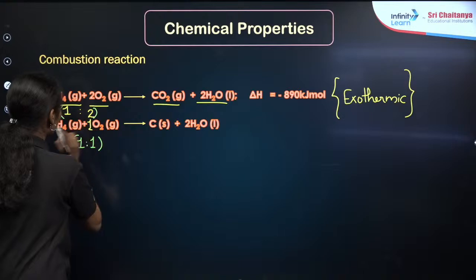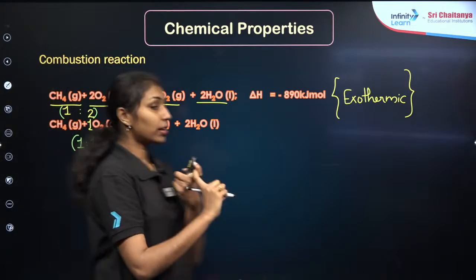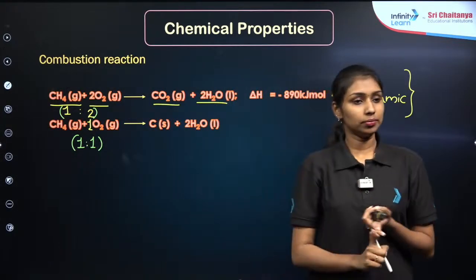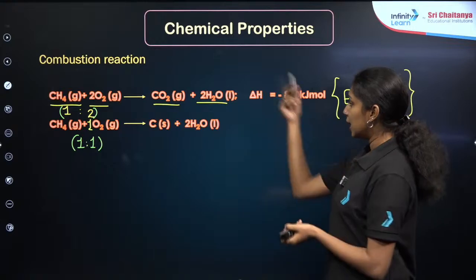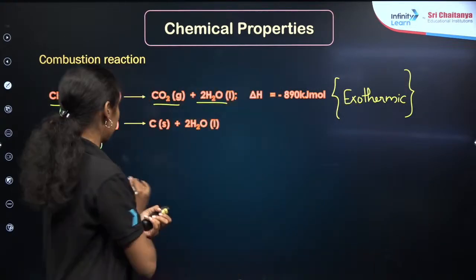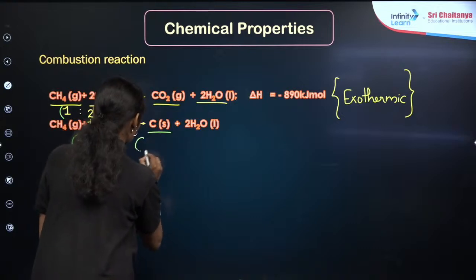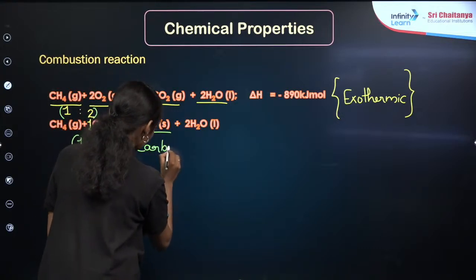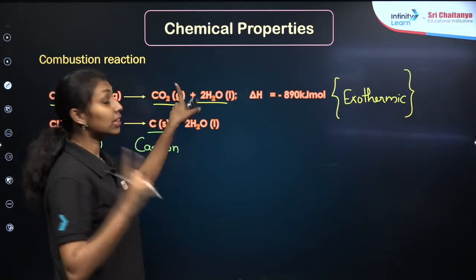What are you observing? What will be the product here if I am changing the mole ratio of oxygen? Instead of carbon dioxide, I am getting carbon black, simple solid carbon. So this is known as carbon black. So we can say that the earlier reaction is complete combustion.